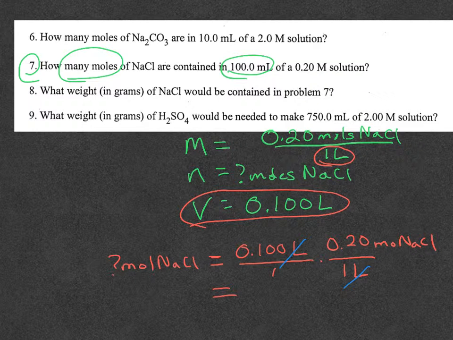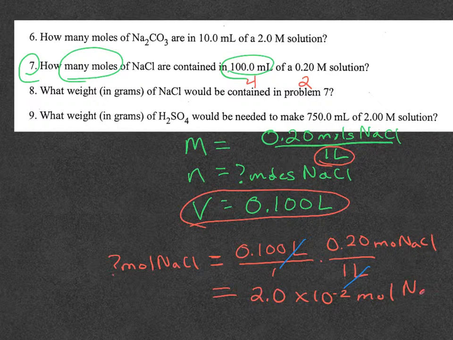And so we have both of the numbers in the numerator, so we're going to multiply them. So we have 0.1 times 0.2, and that is going to be 0.02, which, since you have 4 sig figs here and 2 sig figs here, we should write as 2.0 times 10 to the negative 2 moles of sodium chloride.